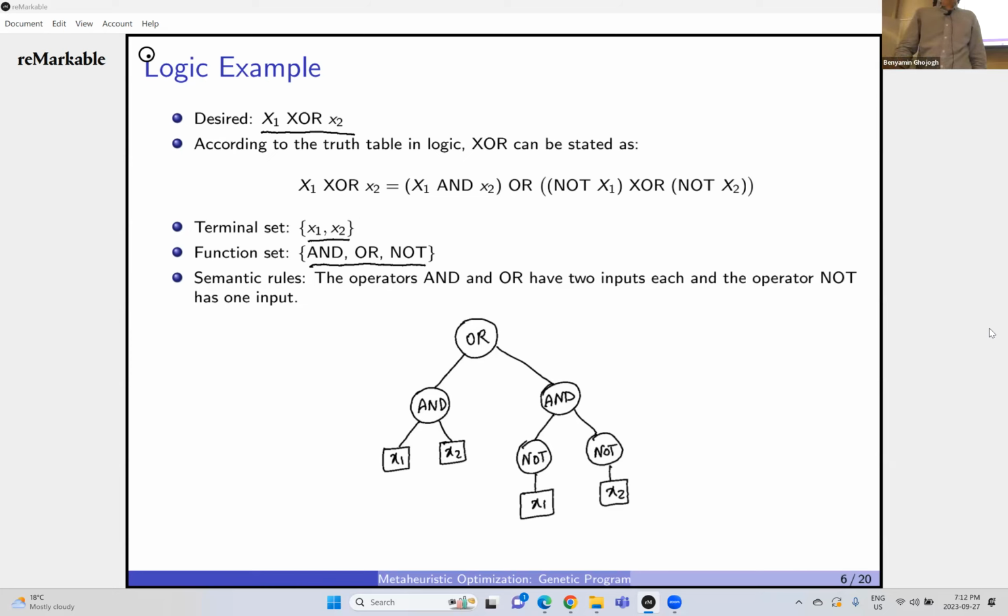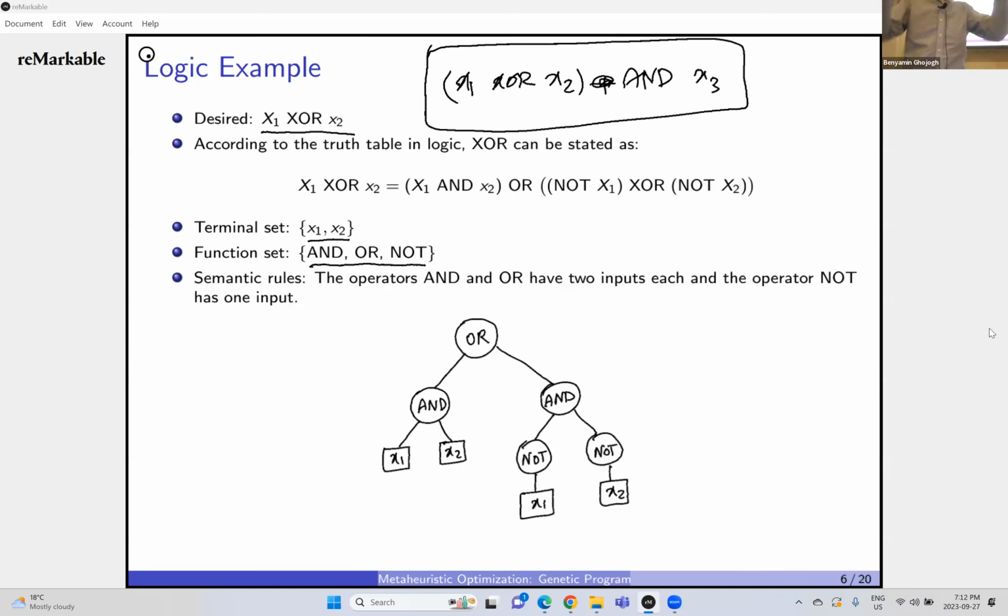By the way, here I'm assuming I have only two variables, x1 and x2. What if the desired function could be more complicated, such as x1 XOR x2 and x3, something like that? Or you might not have the expression, you might have the lookup table.